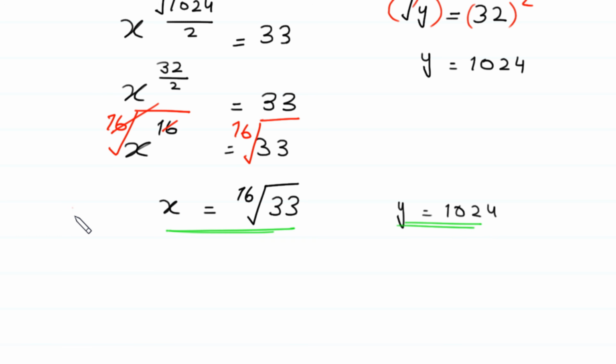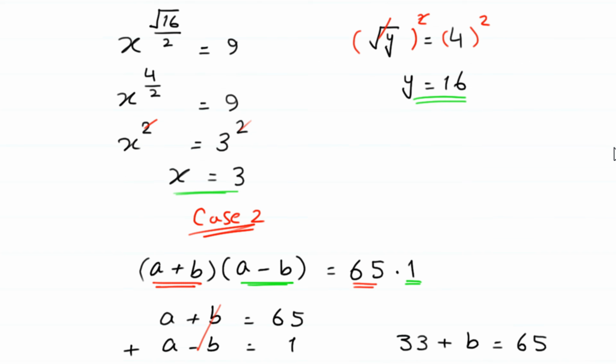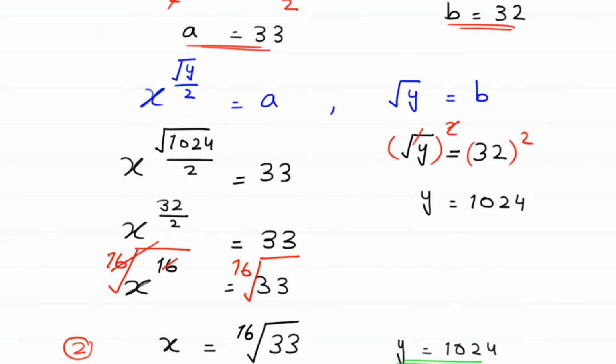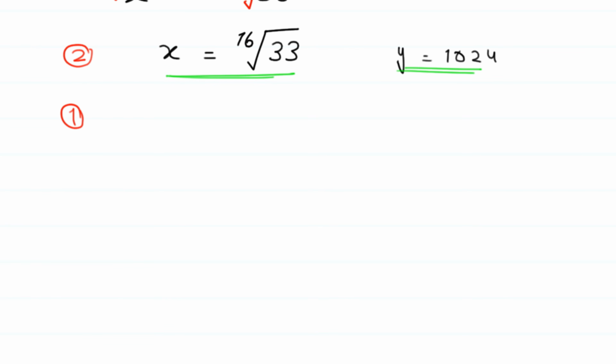This is the second set of solutions. In the first set the value of x is 3 and the value of y is 16. Now to verify these values of x and y we put these values in the original equation.